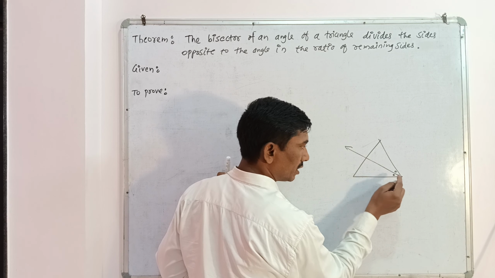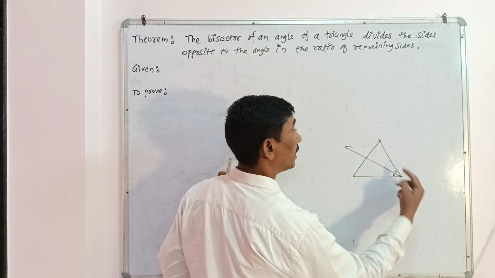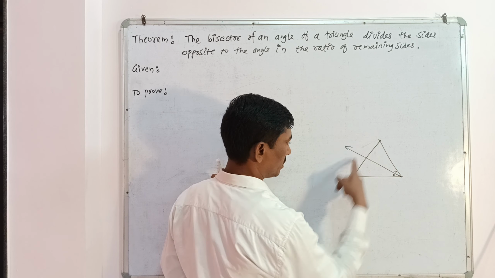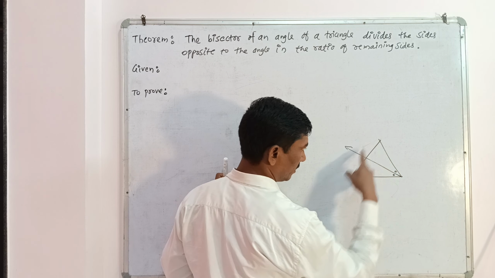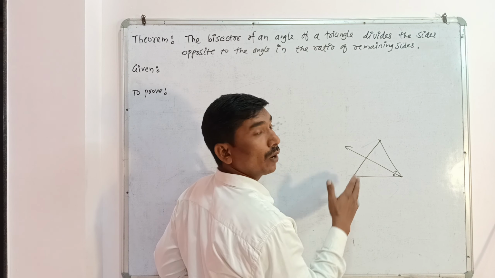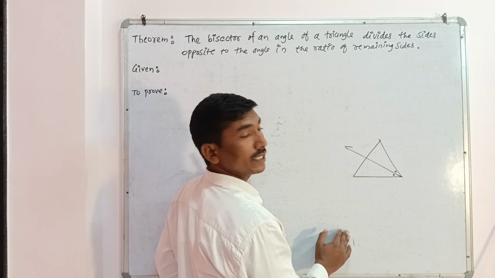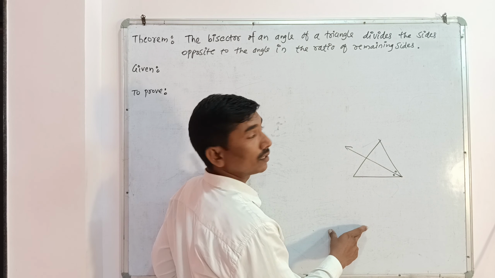The bisector divides the angle, but it also divides the side opposite to the angle. The side opposite to this angle is this side, and it is divided by the bisector into two parts, like this and this.